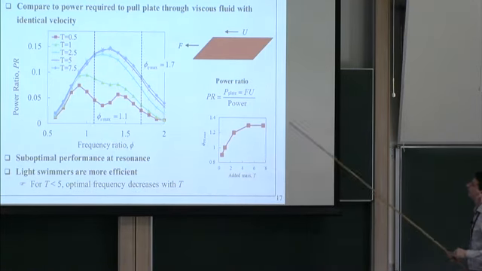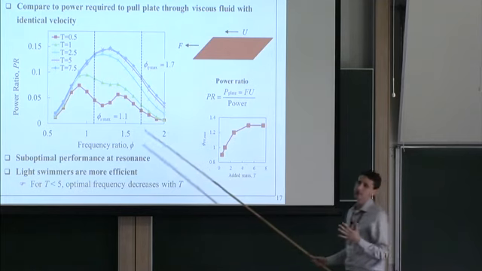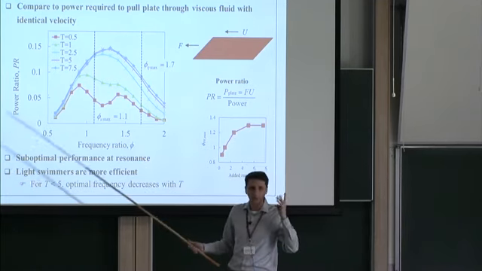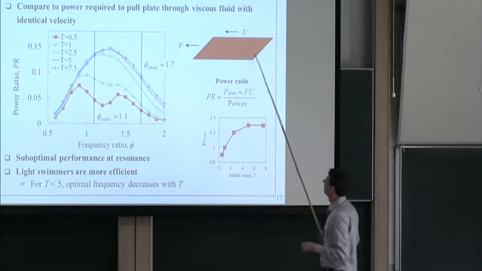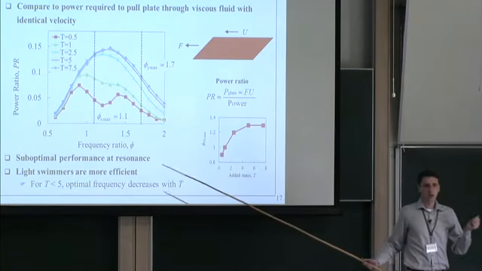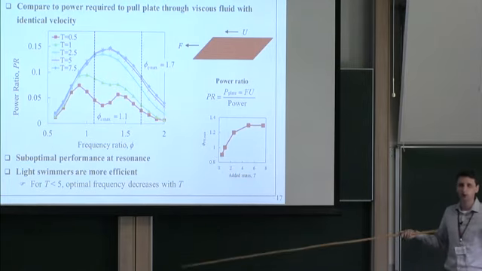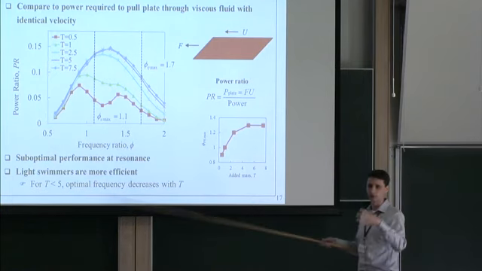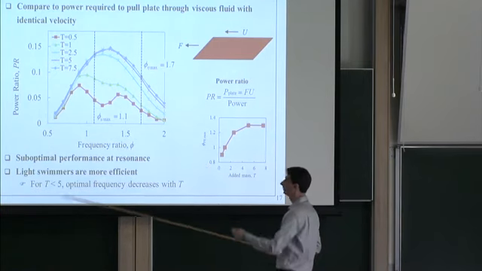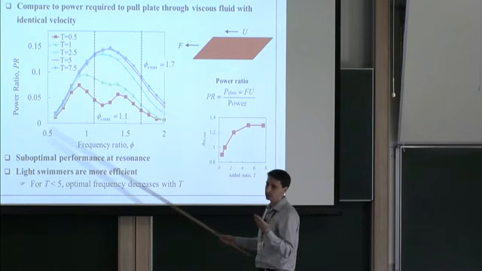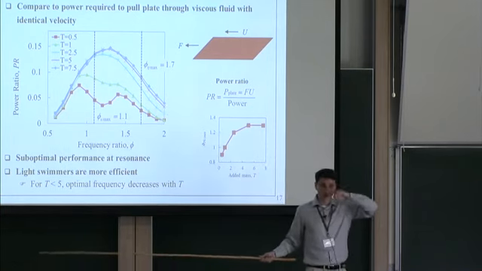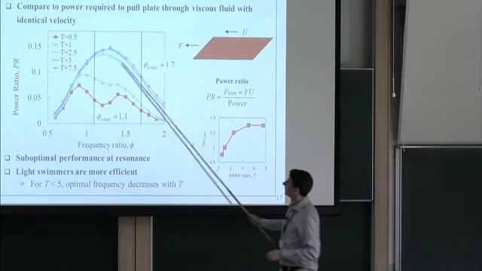So we can also introduce another parameter if we want to compare the performance of the swimmer. We can, for example, compare it with the power we need to pull a plate through the fluid, right? So this is maybe the most efficient way of transporting something through the fluid. We just take a plate and pull it through. So we can compare it with the power that is required to oscillate the swimmer, and this ratio is plotted here.